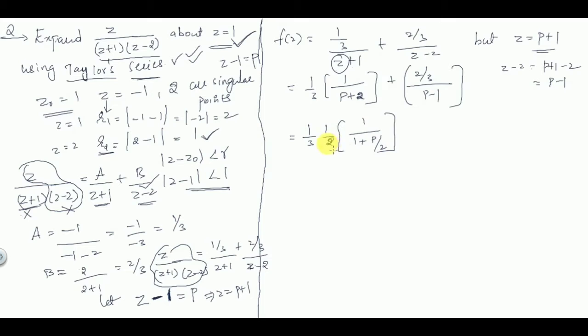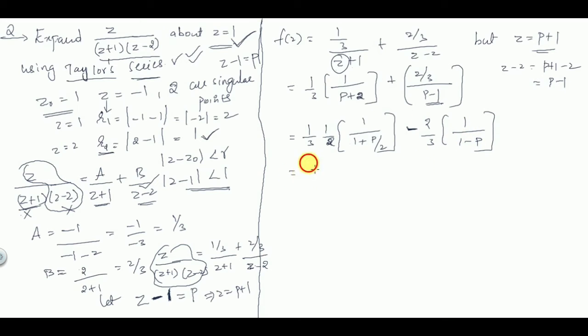Next I am taking a minus sign common, so minus 2 by 3, and I am writing 1 by p minus 1 as 1 by 1 minus p, taking a negative outside. Again if we send the negative back here, it will again become p plus 1 only.